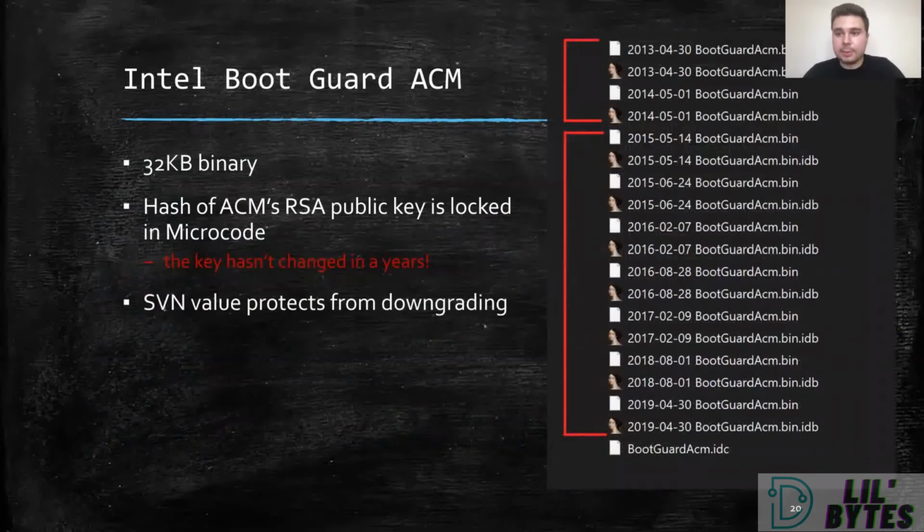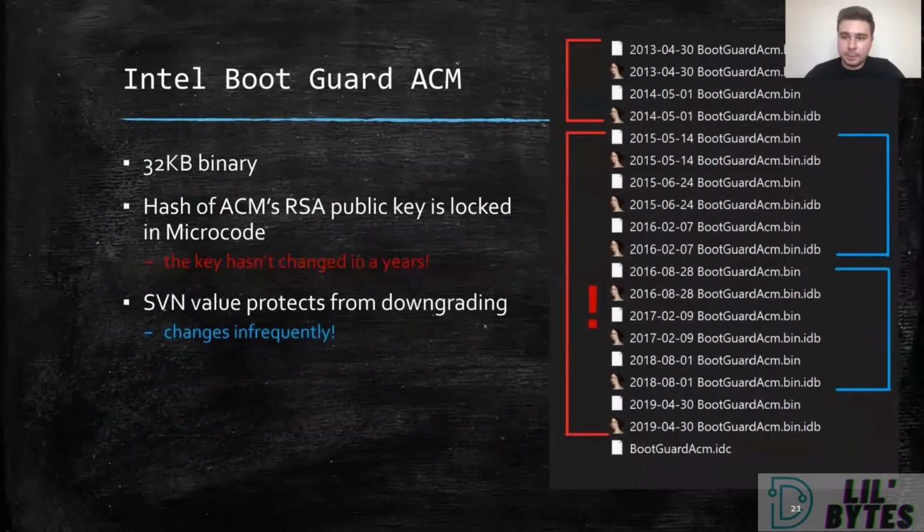The key for signature verification hasn't changed for years. Today, in 2020, they use the same key for signing Intel ACMs as they did since the introduction of the Skylake architecture. You can say, but they have a security version number for this purpose.